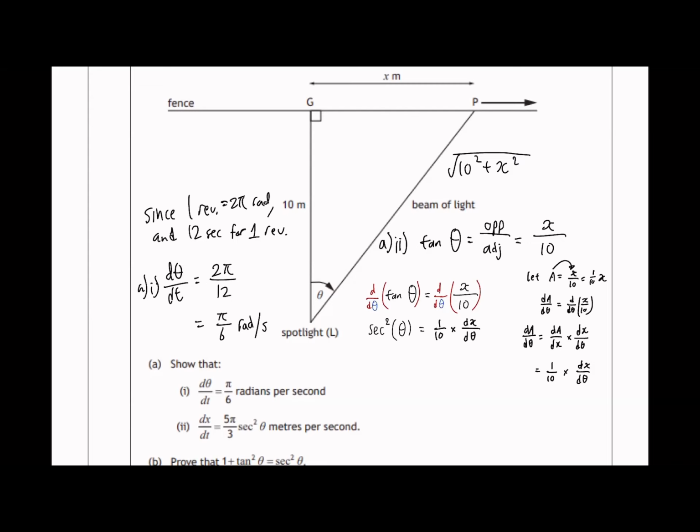Try to be sure it's like x. Hold on. I'm making this too complicated already. Sorry. This is just a rate of change question. What am I doing? Sorry. Let me start again.